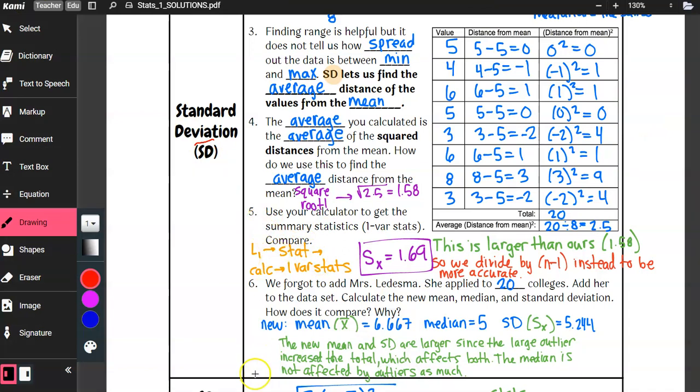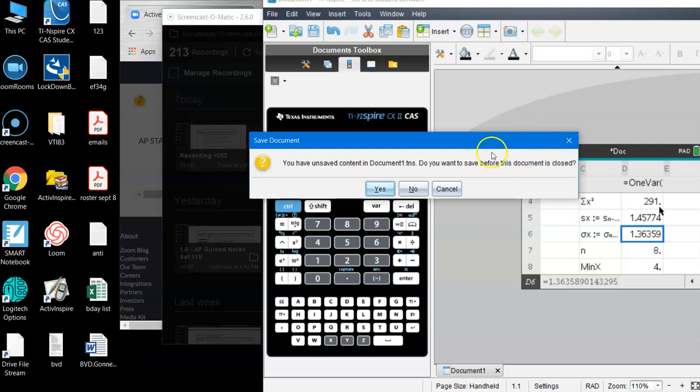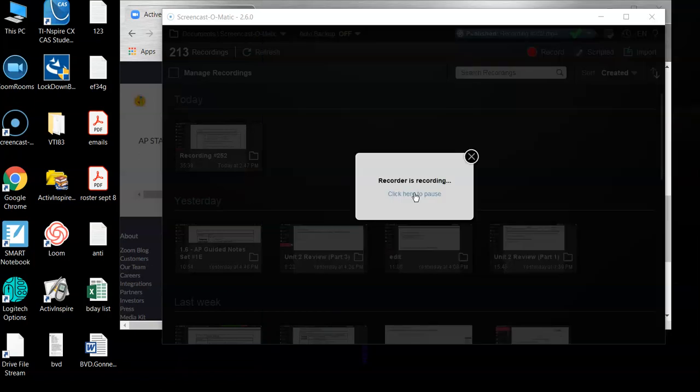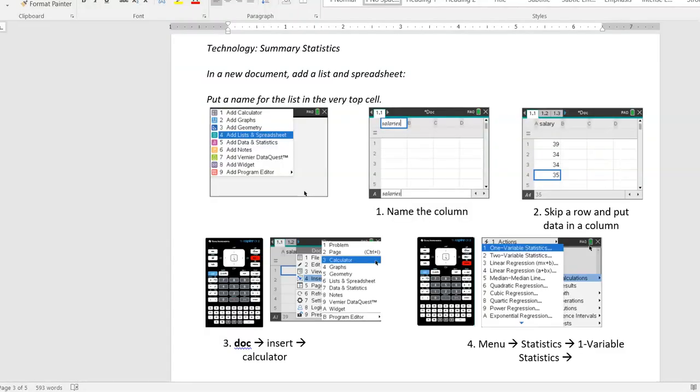So to go over the calculator commands, here they are.